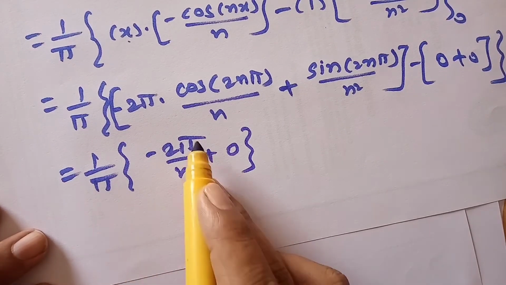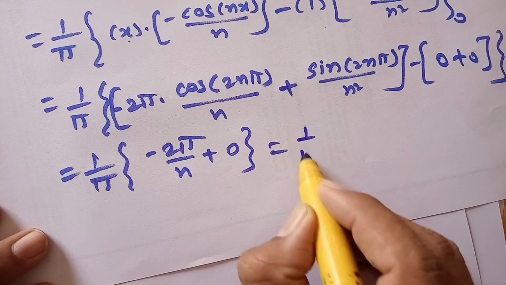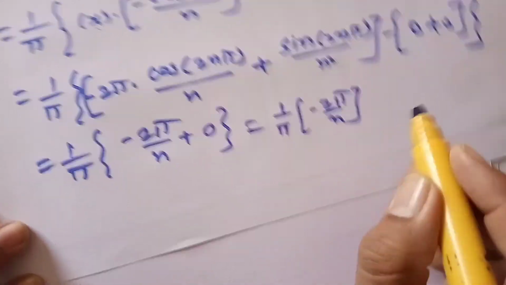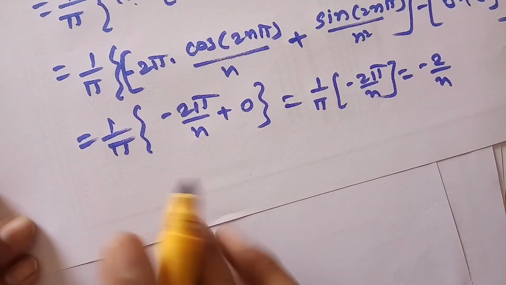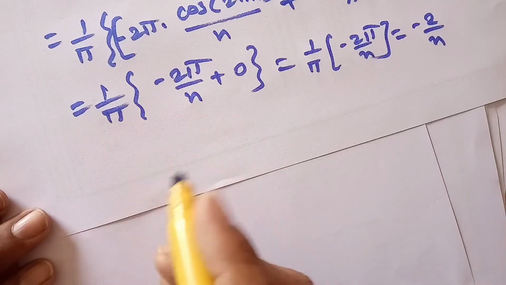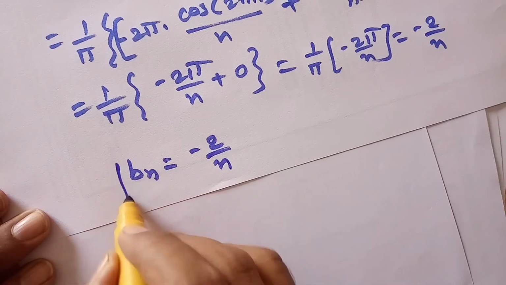And here this pi gets cancelled. We are getting 1 by pi into minus 2 pi divided by n. Pi gets cancelled. We are getting minus 2 by n. So bn equals minus 2 divided by n.